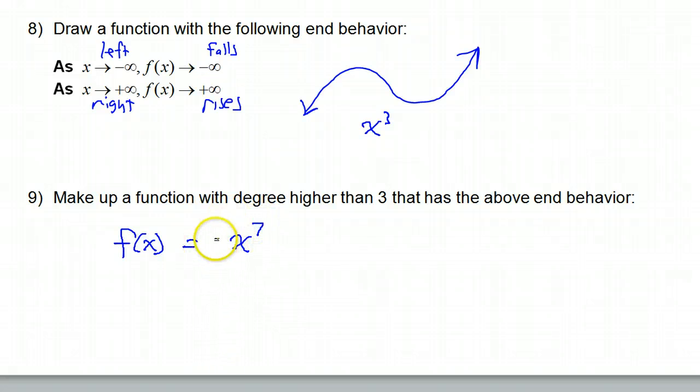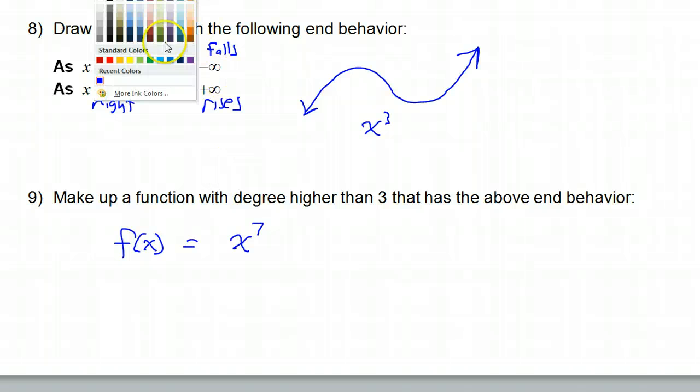I'm going to give it a coefficient just for the heck of it. I'm going to put a 2 here. So 2x to the 7th power. Anything else I write is just for fun. This is the key right here. It has to be a positive x to an odd power.